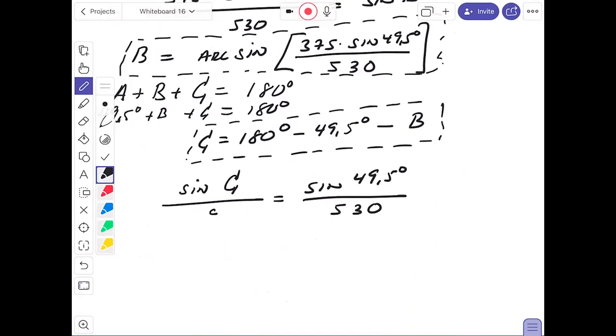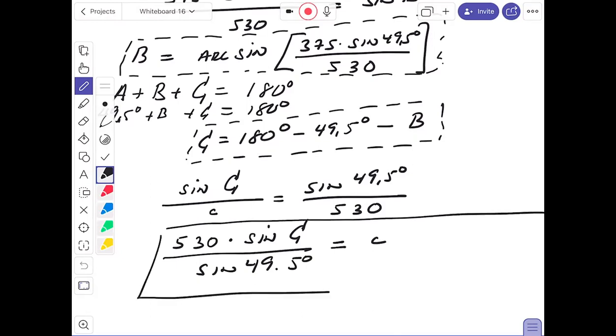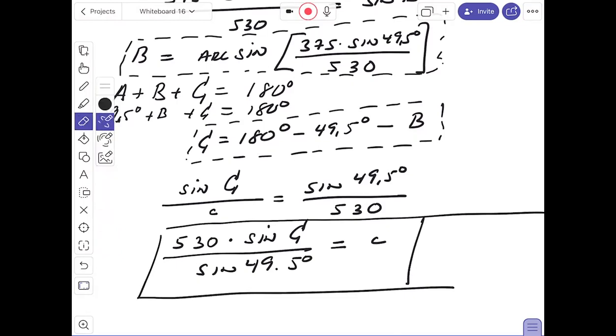I'm going to try to find C, so it's going to be 530 times sine of C over sine 49.5 degrees equals C. This is what goes in the box. Now someone's going to say, I wonder what the unit is on that. Just give me one second. If you can't remember, go back and read the question. The question is in terms of yards, so this is going to be yards.